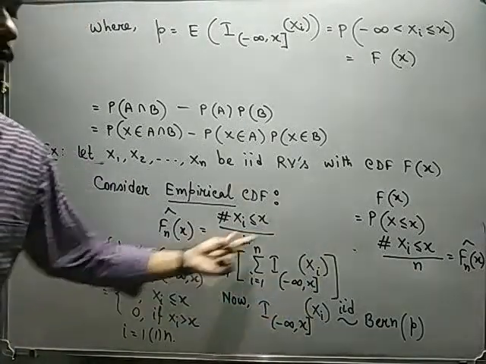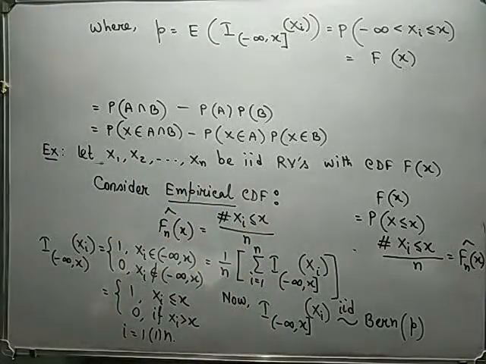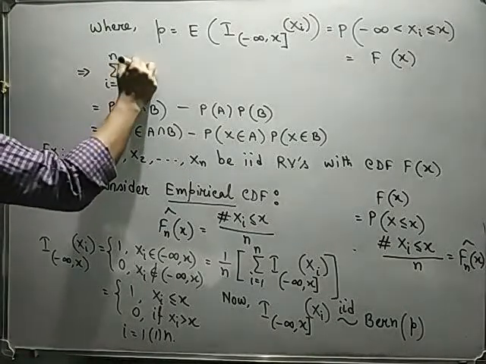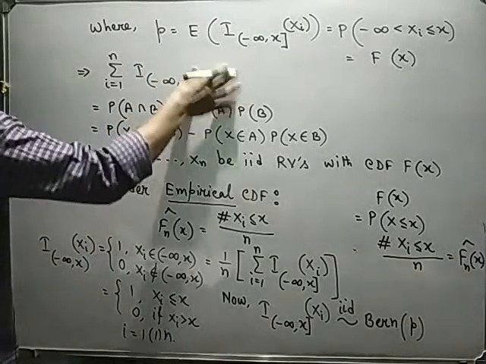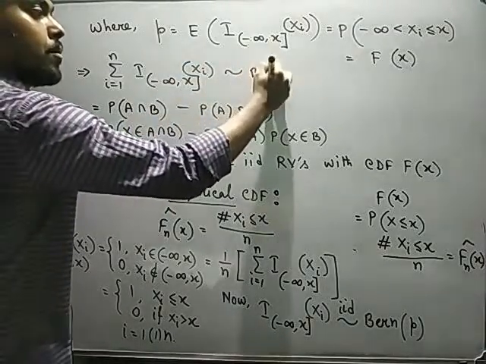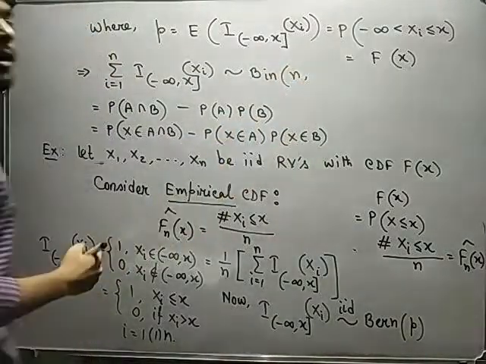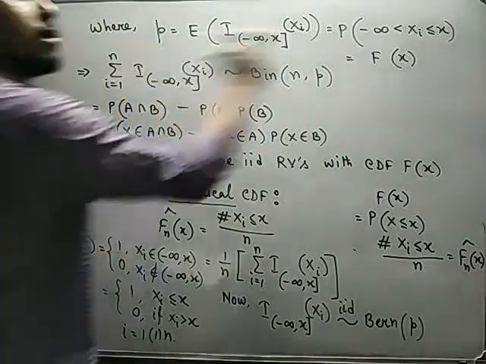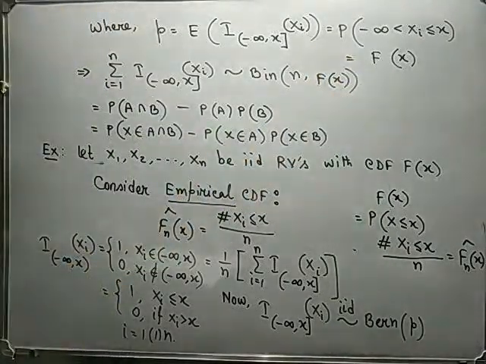If we take the sum of all these Bernoulli random variables, we'll get a binomial random variable. As we have summed over n values, it will be binomial(n, p), or you can write p equal to Fx, so binomial(n, Fx).